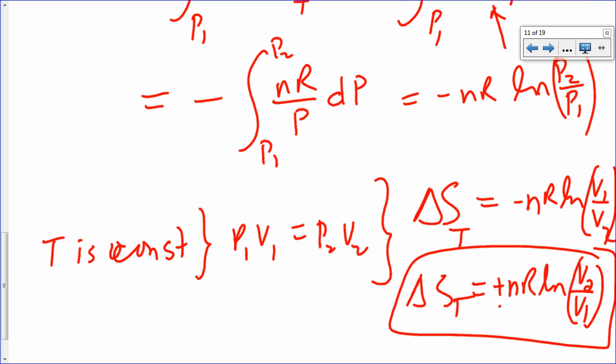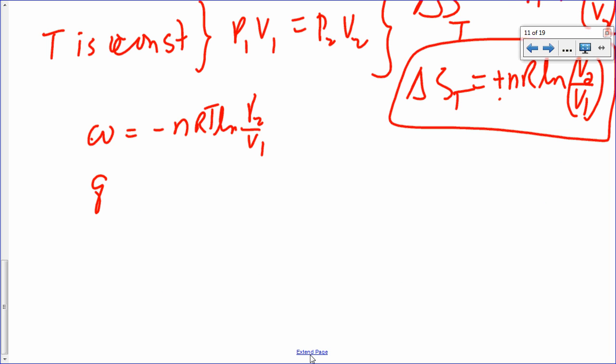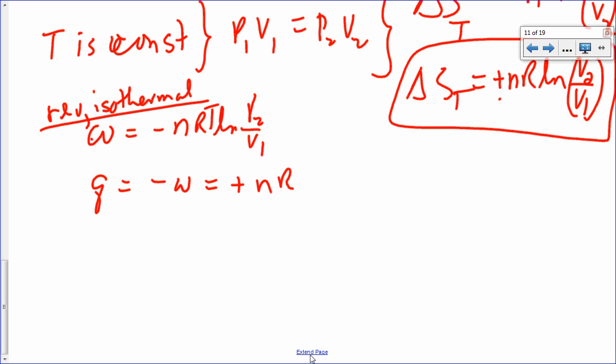Isn't this the formula we derived earlier? Remember, before we even got to here, in the earlier chapter, we said for an isothermal expansion, W is what? Negative nRT ln V2 over V1. Remember, for a reversible isothermal expansion, we said Q is negative W, so reversible isothermal expansion of an ideal gas or compression, negative W, so that's plus nRT ln V2 over V1, right?